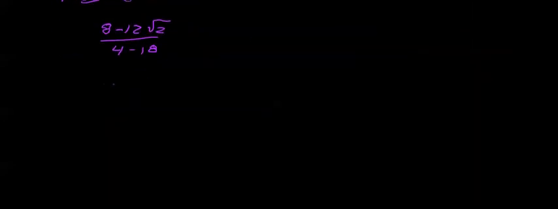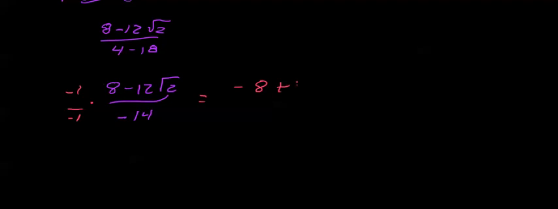8 minus 12 radical 2 over negative 14. We're not allowed to leave a radical in the negative in the denominator, so we multiply by negative 1 over negative 1, and we end up with negative 8 plus 12 radical 2 over 14.